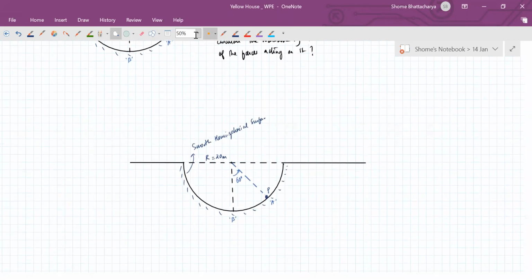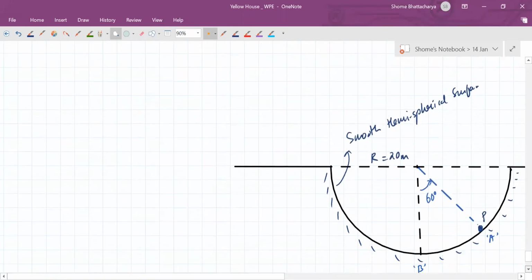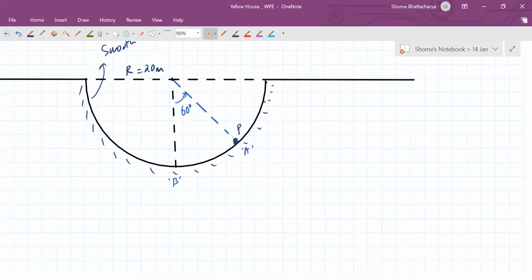So when the particle is at any intermediate position like this, okay, so this is where it started from at time t equal to 0, and this is where it will eventually reach at some time t. But at some intermediate time, let's say the particle is located at some position like this at some time t. So it makes a differential displacement in which direction? Along the tangent to the circular path.